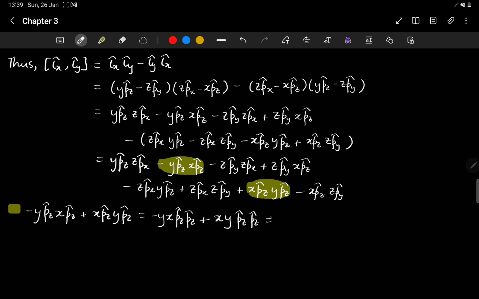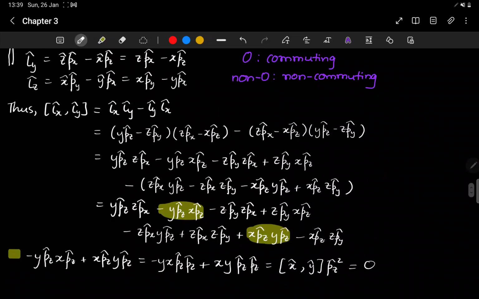And this, if you notice, is the following commutator. It's the commutator of x operator with y times pz, or rather pz squared, which is 0. Why? Because this x y commutator is 0, and we can see this actually.